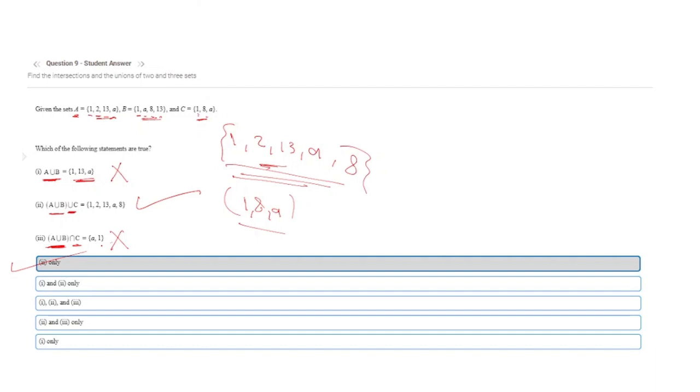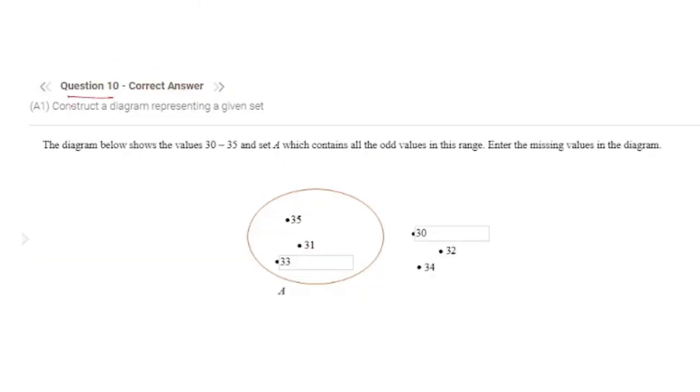Question number 10. The diagram below shows the values from 30 to 35 and set A, which contains all odd values in this range. The odd values of this range will be 31, 33, and 35.